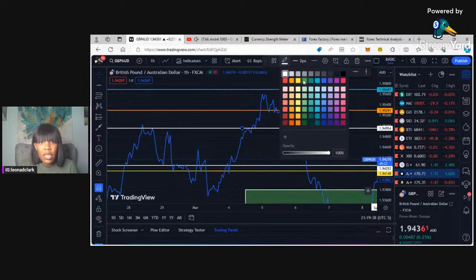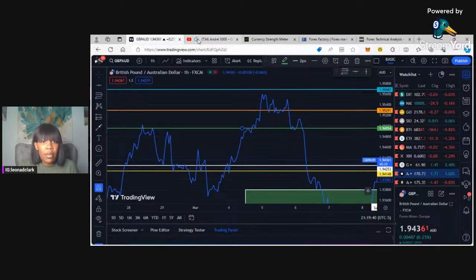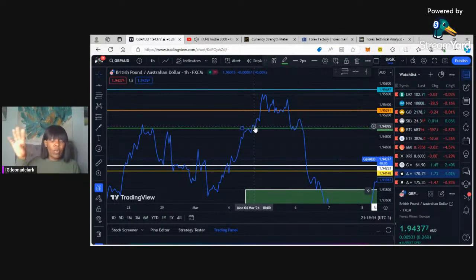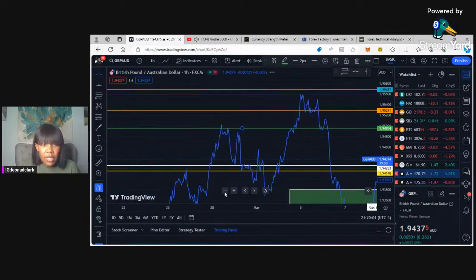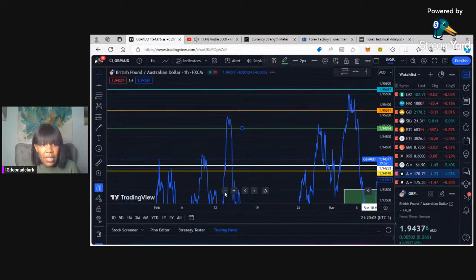So I have resistance, and then this is support. So that's 3 touches. And this one is on the line. This one's a little bit too far down for me. But I have 3 to 4 touches just in this area alone.